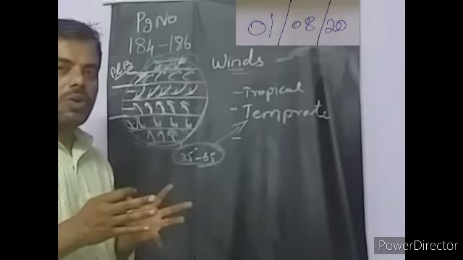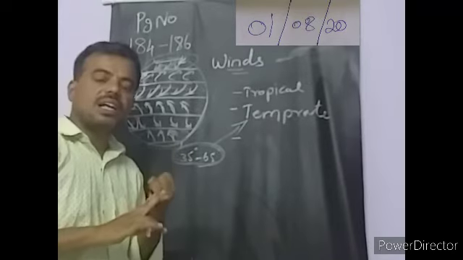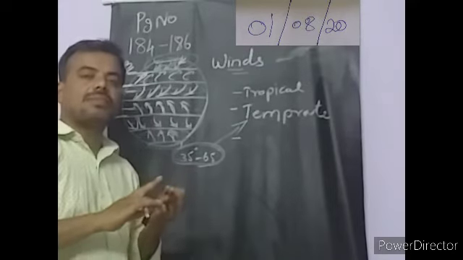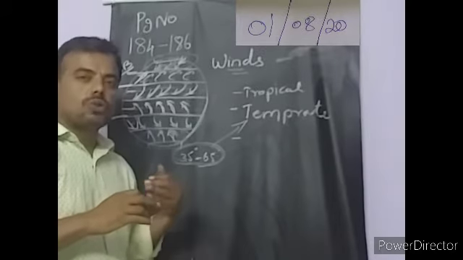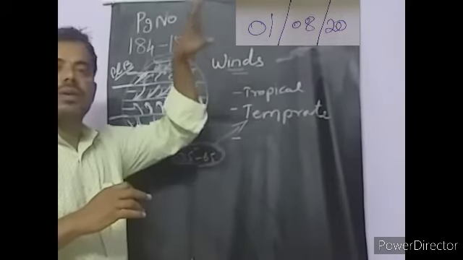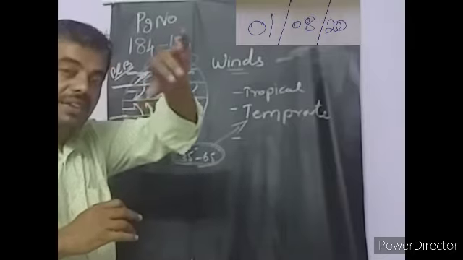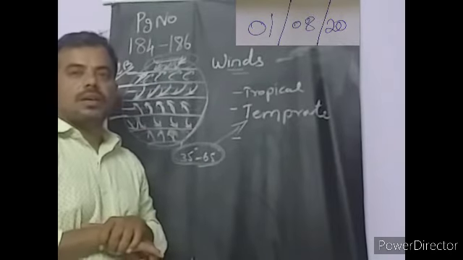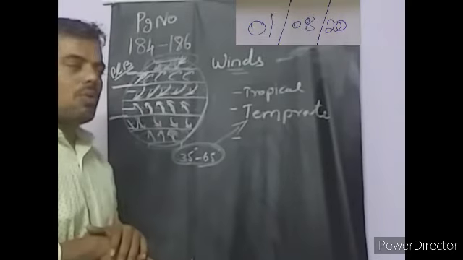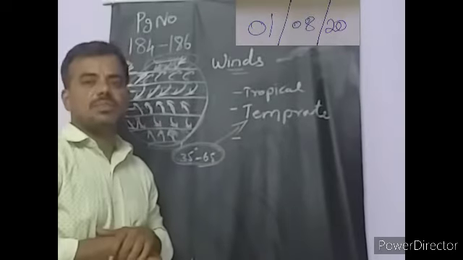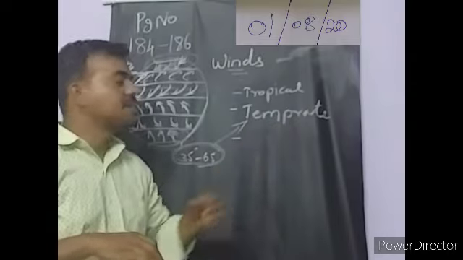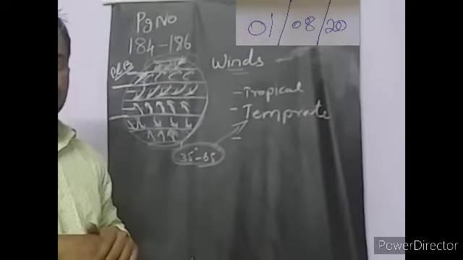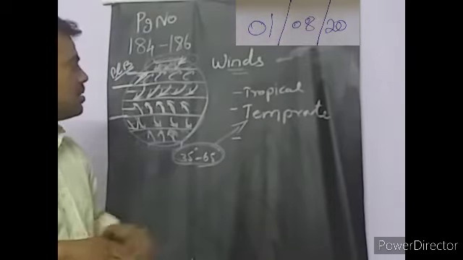Because of the warm wind and the cold wind interacting, it will blow towards the Mediterranean Sea, European countries, and Russia, and up to India we will get it at the time of the winter season. In India it will be called a western disturbance, which means a temperate cyclone. Okay, so this is about temperate.